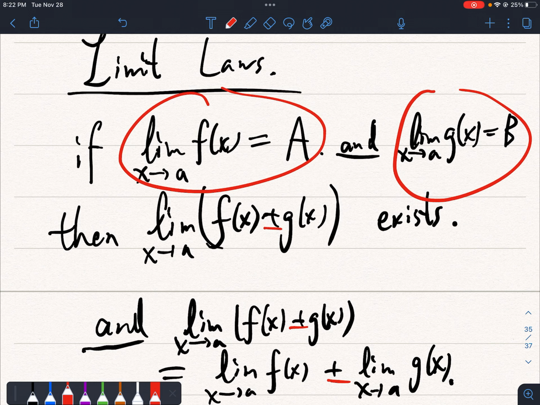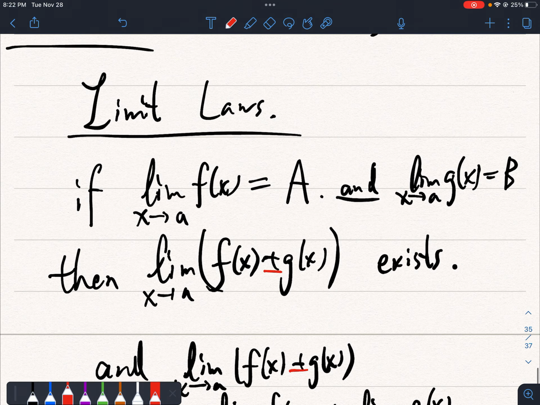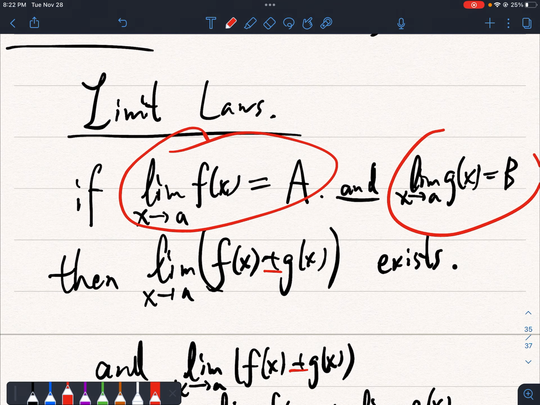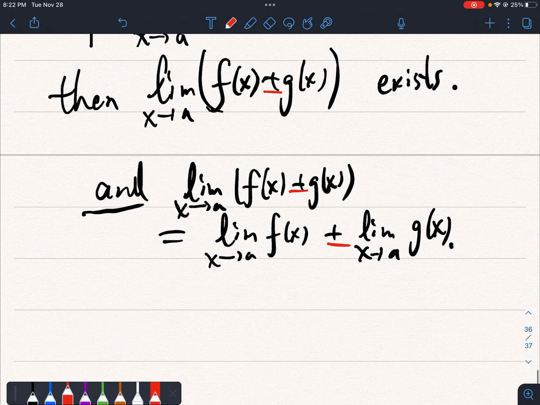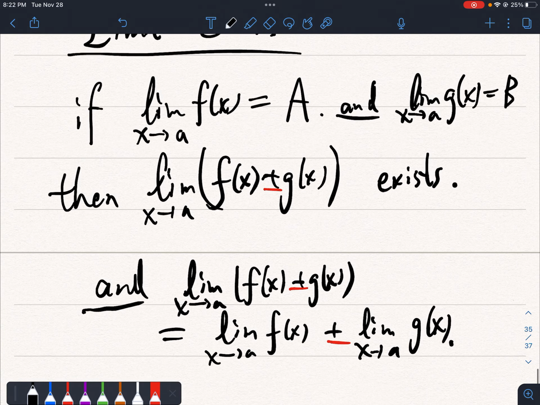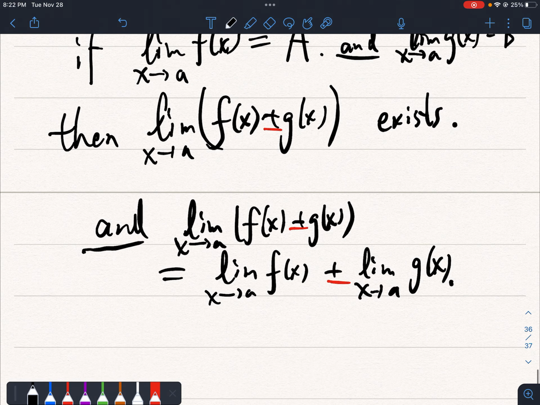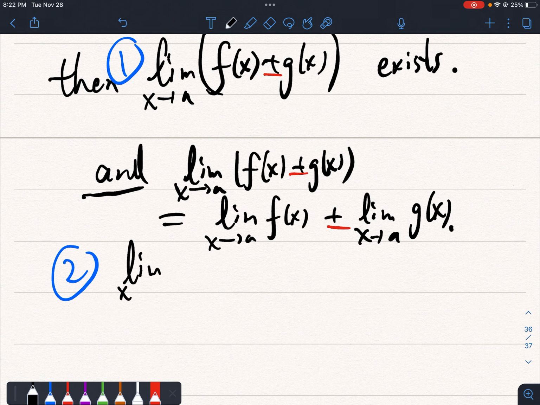If at least one of them does not exist, then you cannot say anything about that. Then you cannot use the limit law. So whenever you want to use a limit law, you have to make sure that both limits exist. And also, if this is true, then okay, so this is the first result.